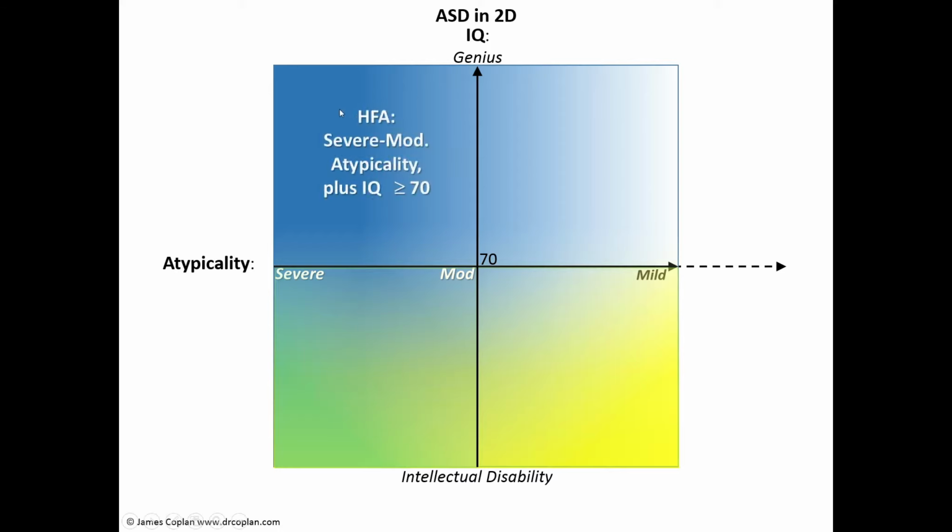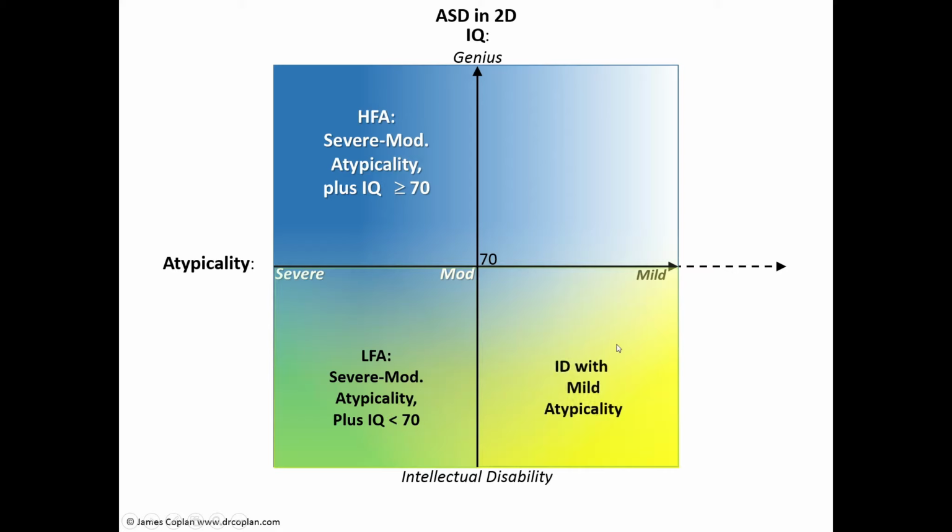And up here, we have children who have moderate to severe atypicality, but IQ of 70 or above. And this is what's commonly referred to as high-functioning autism. It's severe to moderate atypicality plus an IQ of 70 or greater. Down here we have low-functioning autism. These people can have exactly the same severity of atypicality, but they have an IQ below 70.